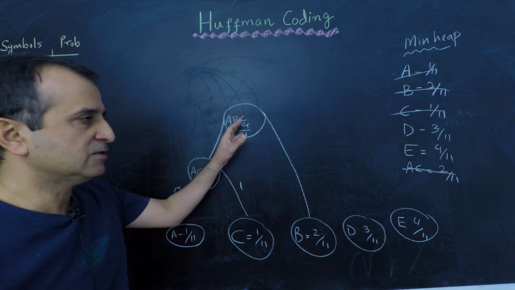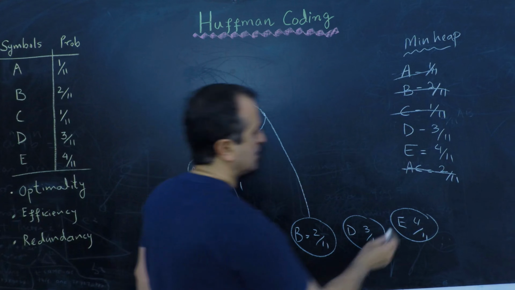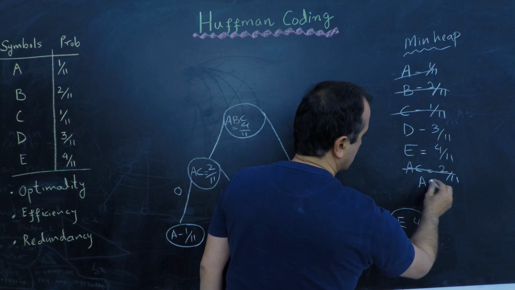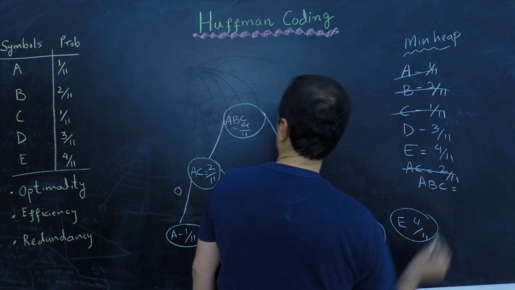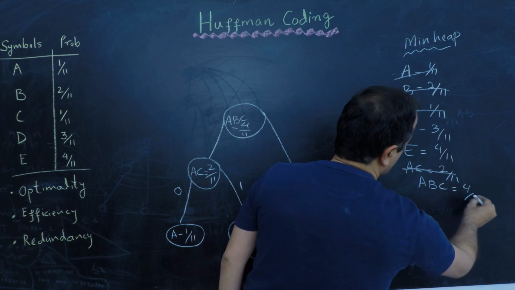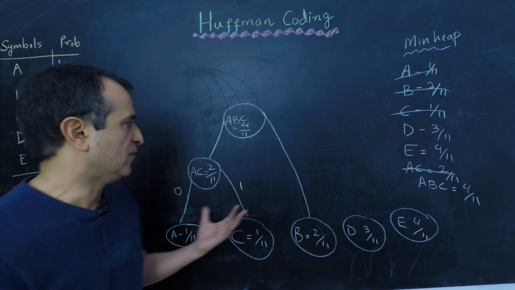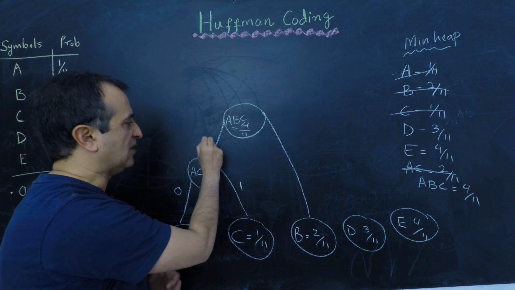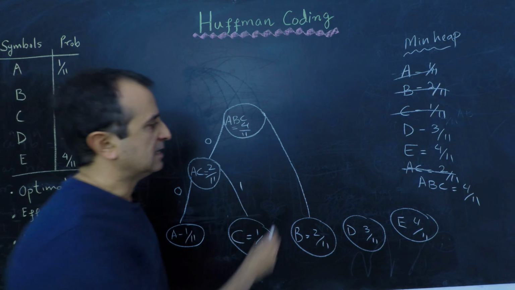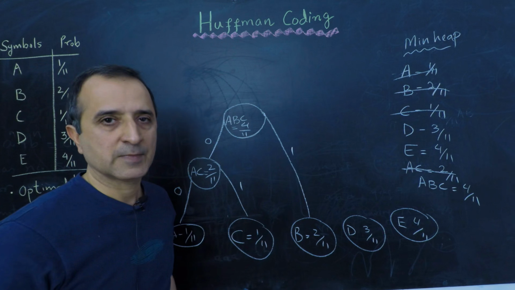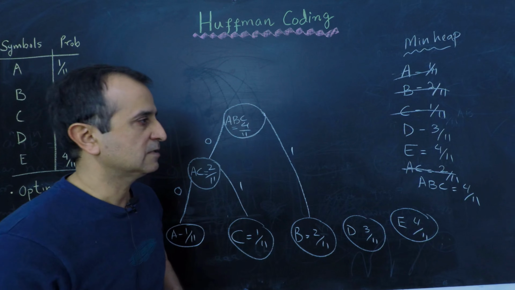And we will insert this new node in our min heap. So now the min heap will have ABC equals 4 over 11. And we will once again label the left edge with 0 and the right edge with 1. We will continue our process.